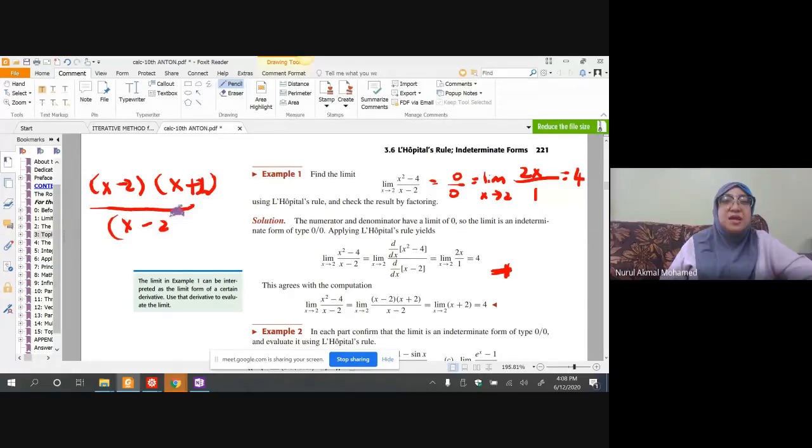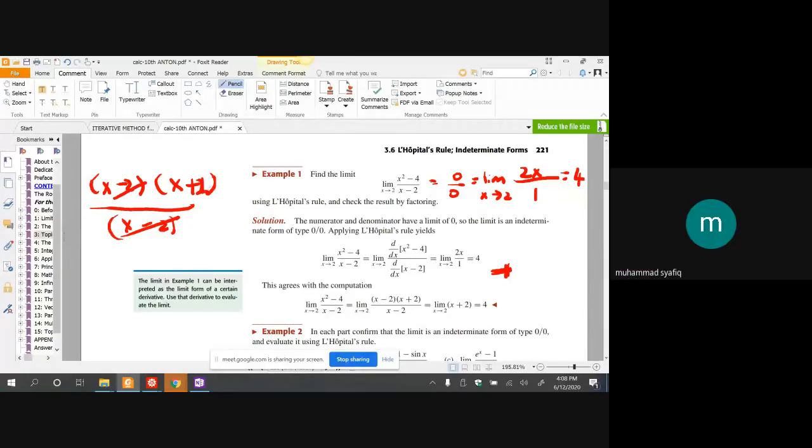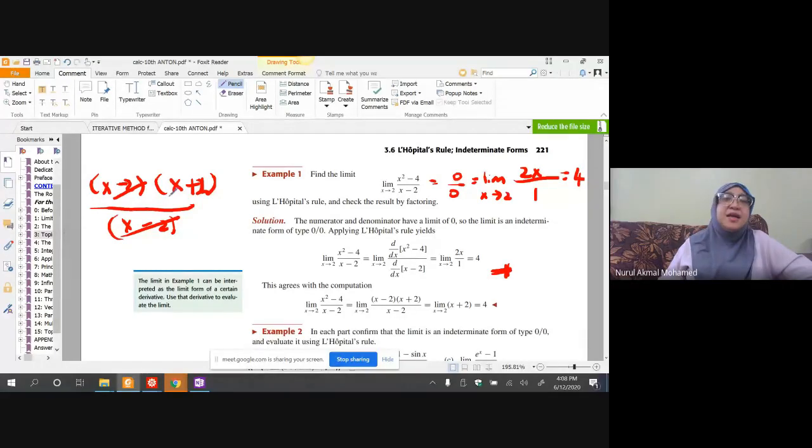X minus 2 can cancel out with the x minus 2. What is left is x plus 2. Is this correct? Yes. Okay, then you substitute limit x tends to 2 here, you will get 4. Okay, it will give you the same answer.